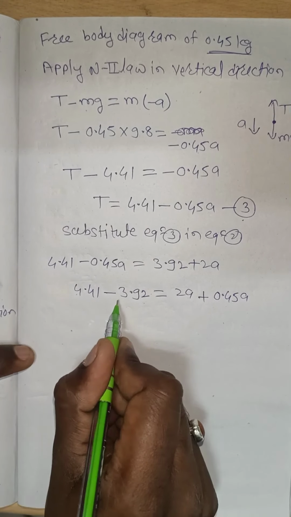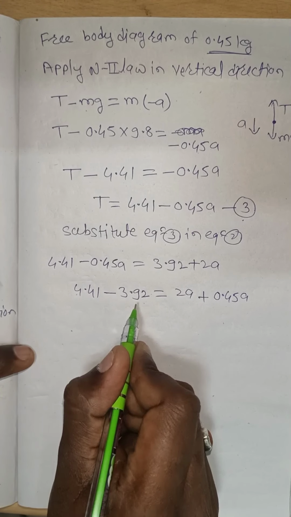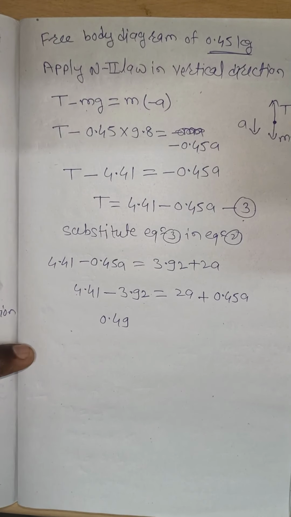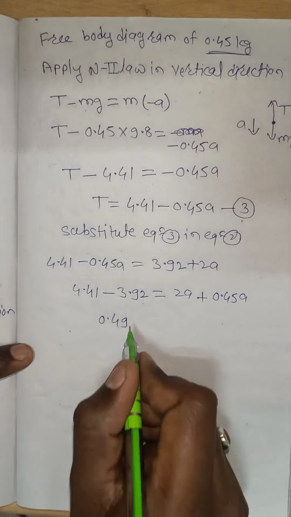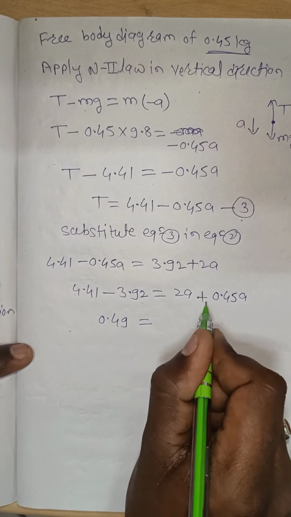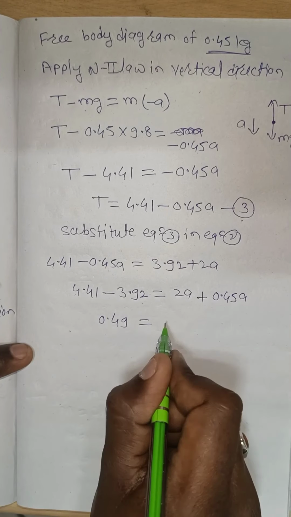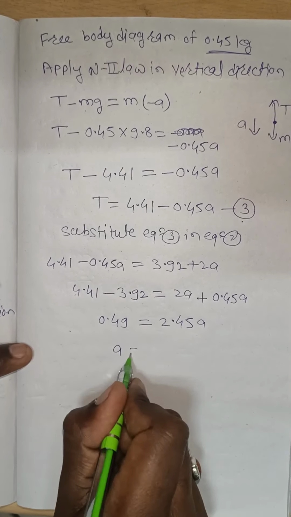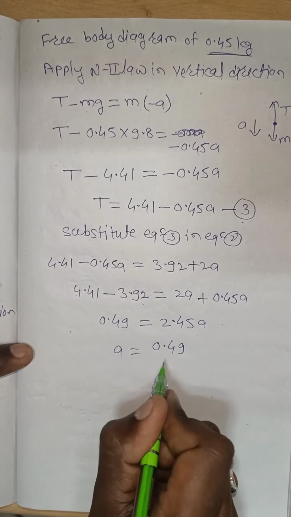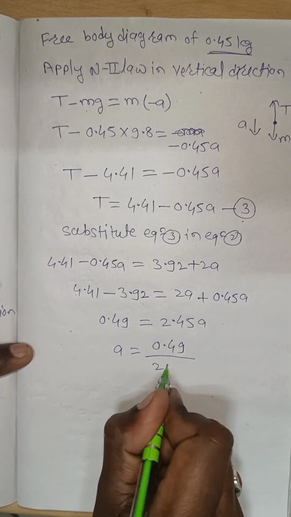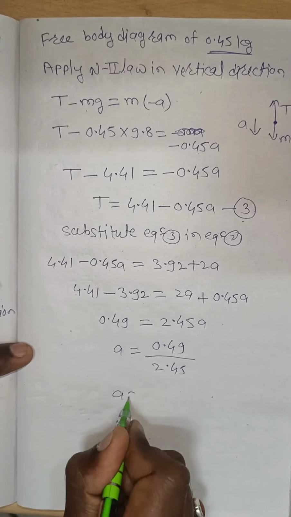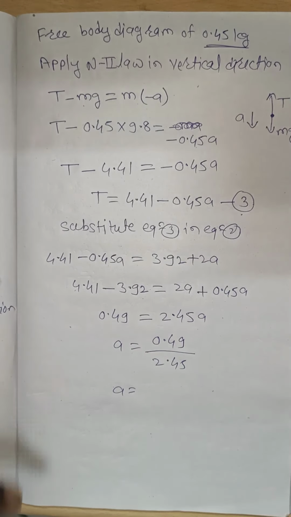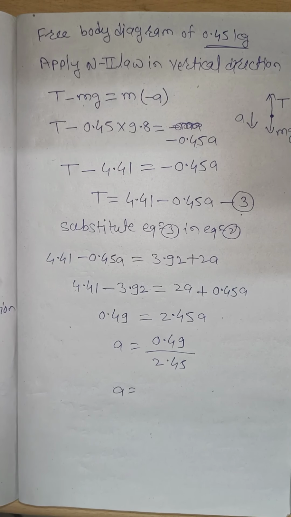From that, 4.41 minus 3.92, we get 0.49, which is equal to 2a plus 0.45a, it becomes 2.45a. From that, a is equal to 0.49 divided by 2.45.